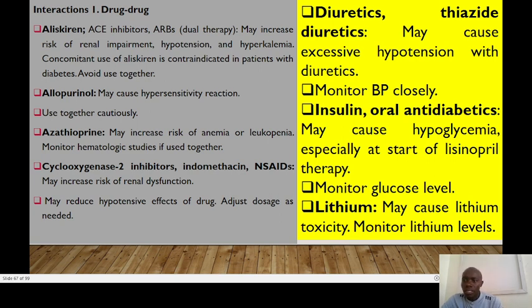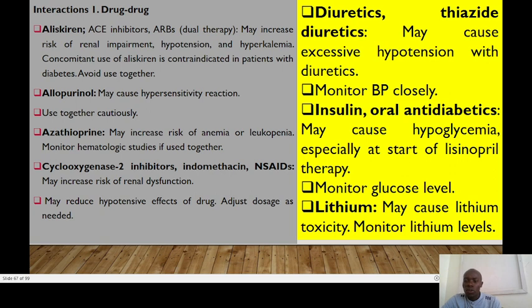Concomitant use of aliskiren is contraindicated in patients with diabetes, so you have to avoid use of this. Allopurinol may increase hypersensitivity reaction, so you have to use together cautiously, while azathioprine may increase the risk of anemia and leukopenia, so you have to monitor hematological studies if used together.